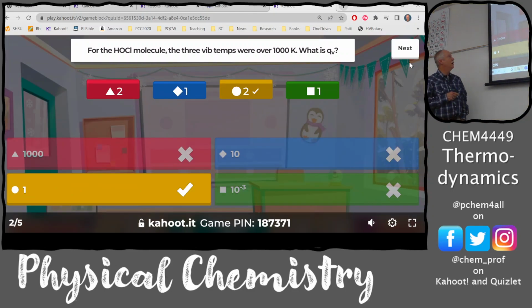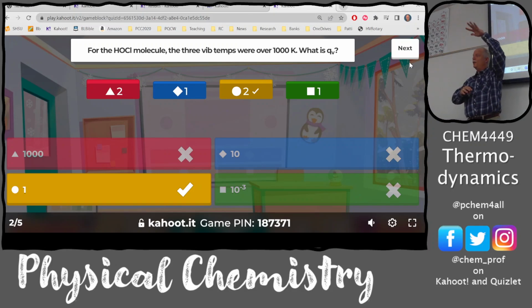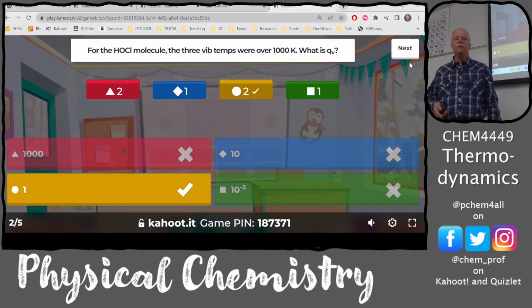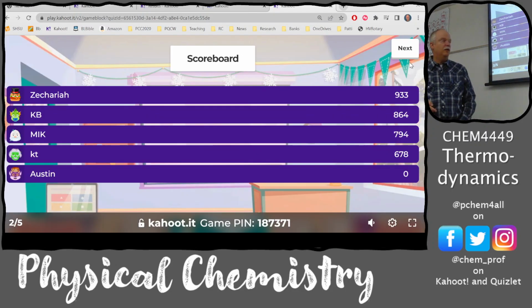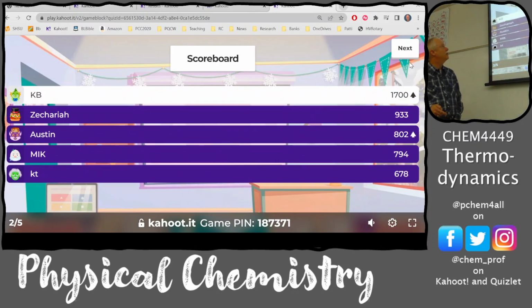Okay, it's going to be 1 because the vibrational temperatures are here, your room temperature is down here, everything's in the ground state. So for each vibrational mode, Q is 1, and the Q total is all of them times each other. So Q1 times Q2 times Q3, 1 times 1 times 1. So, pretty good.